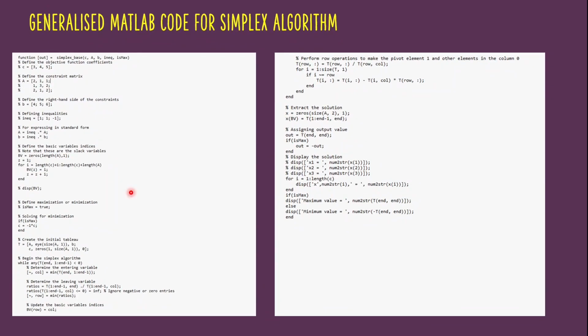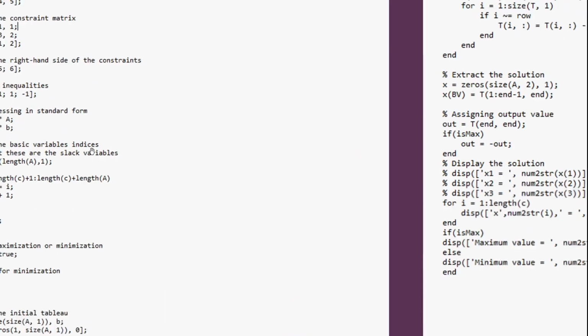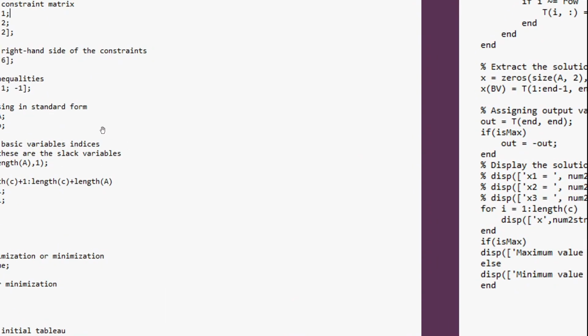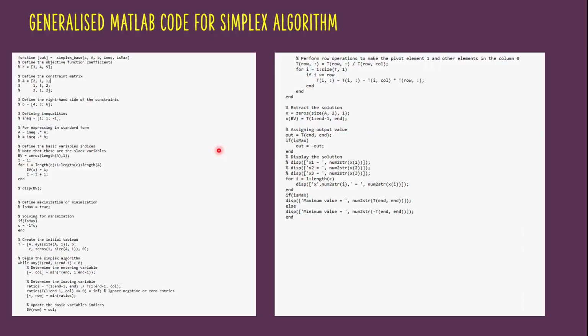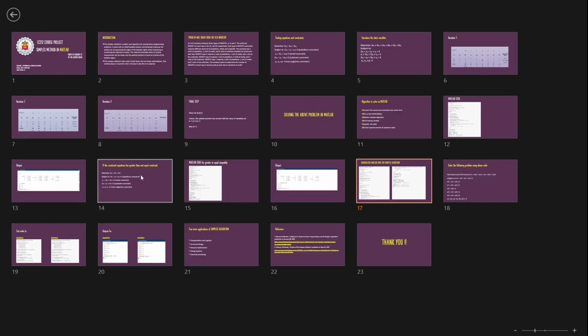So our next step is to generalize the MATLAB code for the simplex method. Okay, we solved this problem, but we need to solve further problems by using this simplex code. We need to solve any type of problem regarding this. So for that we need to generalize the code and create a function. Let me show you.